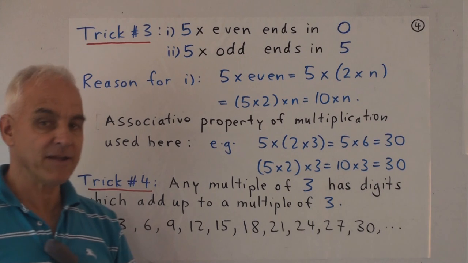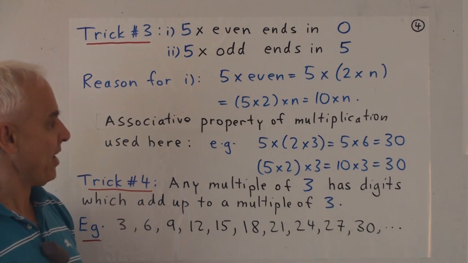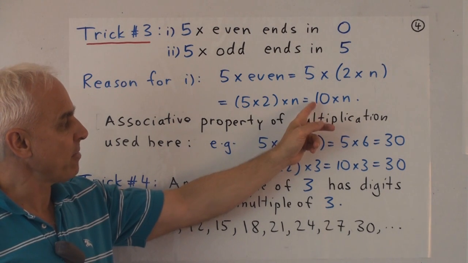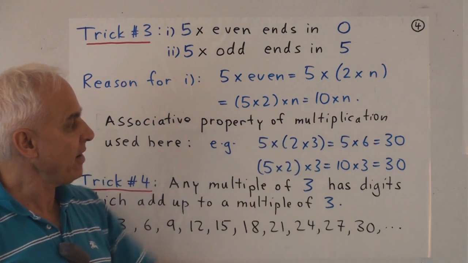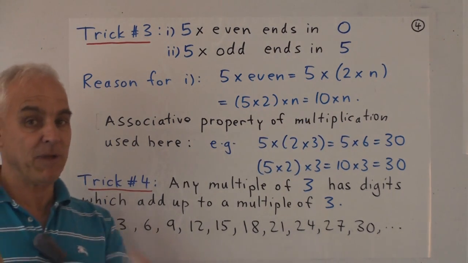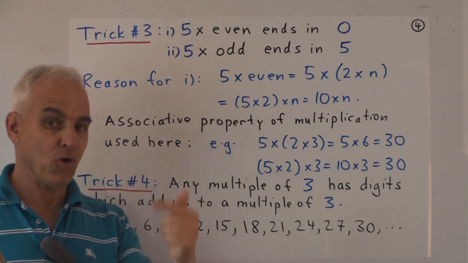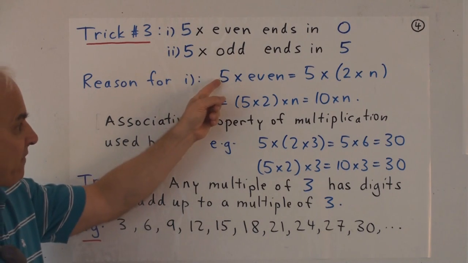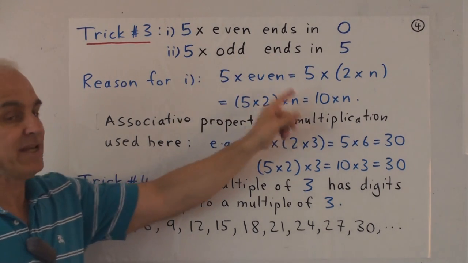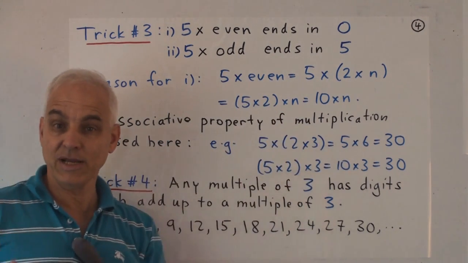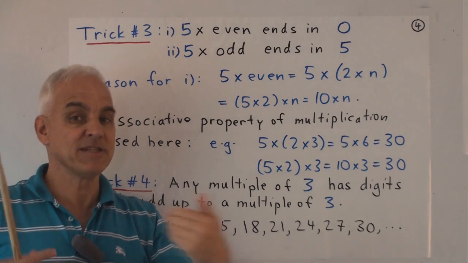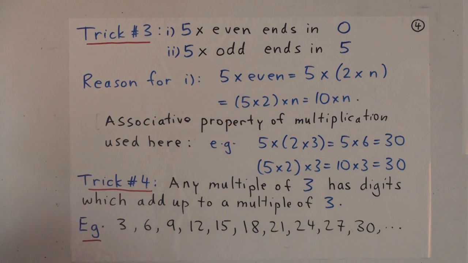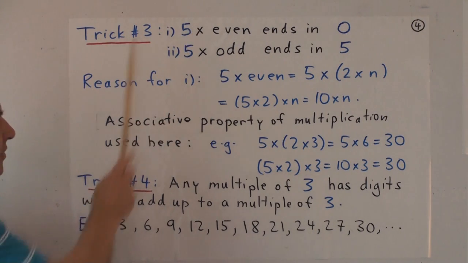If you accept that for a moment, then the 5 times 2 becomes 10, and then we're talking about 10 times n, and we know that when we multiply by 10, we get a 0 at the end. That's the reason why when we multiply 5 by an even number, we're getting a 0 at the end, because it's really 10 times something else. That's some kind of explanation for this one here.